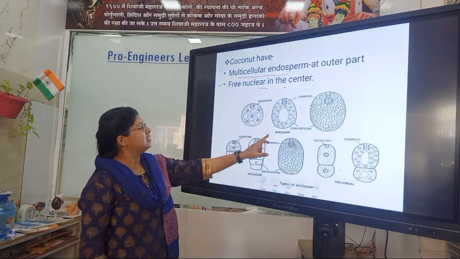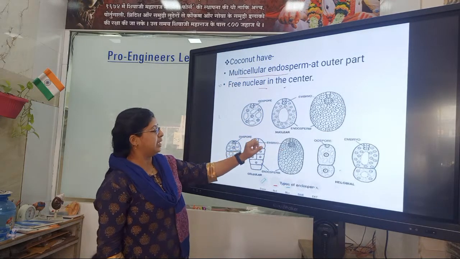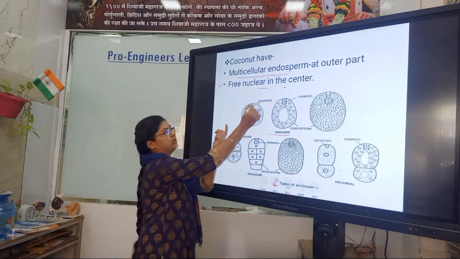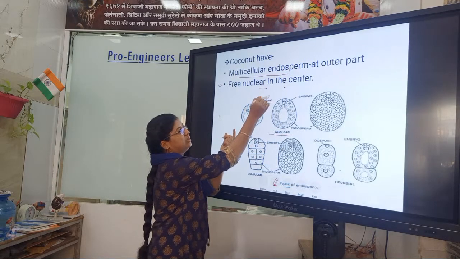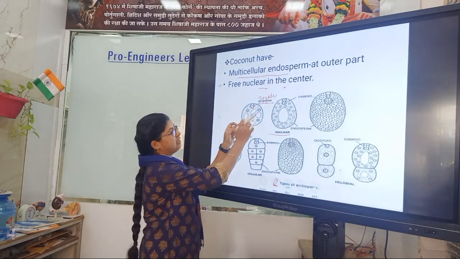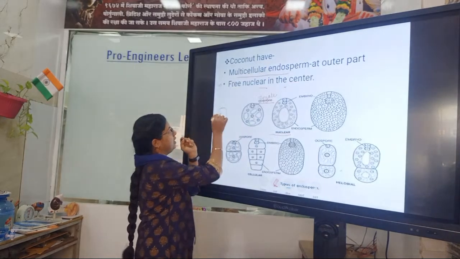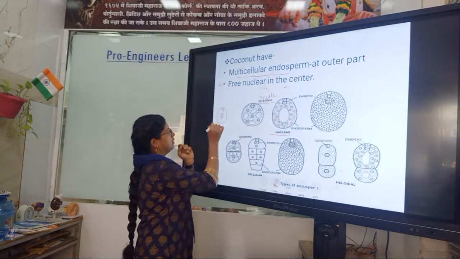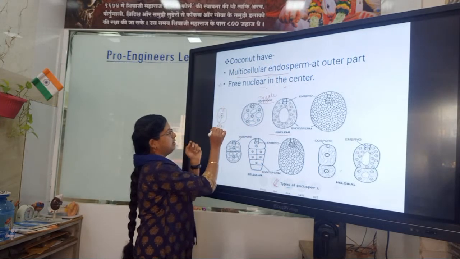See, this is the nuclear type. The oospore, that is the zygote, is diploid. And these are the free nuclei. This is the PEN.